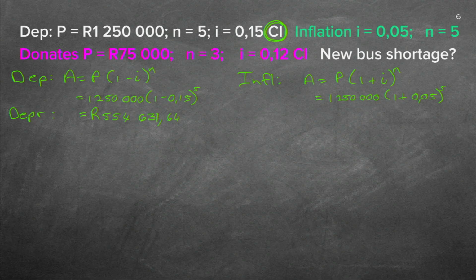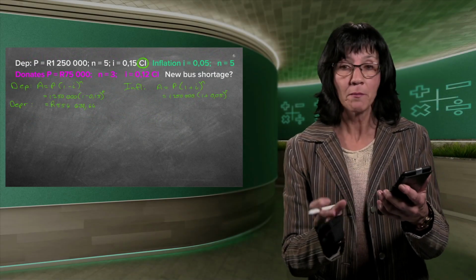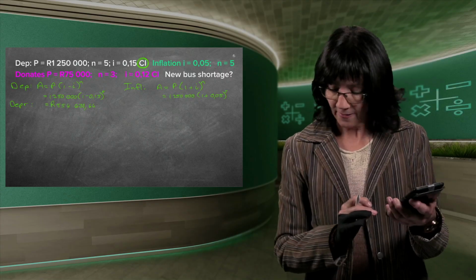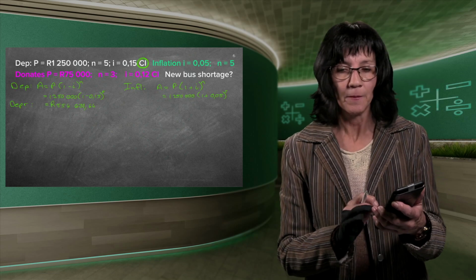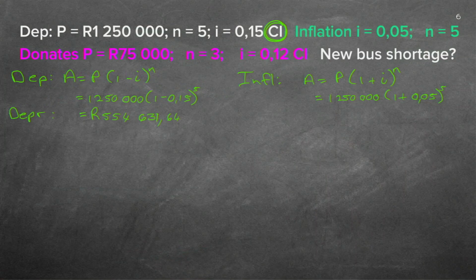So all I'm going to do now, I'm going to quickly go back and change the formula that I've got here on my calculator because I've got everything here. The 1.2 million, I've got 1 minus, so I just change it to a plus, and my interest rate is now different. It's 0.05 to the power of 5, and I press the equal sign.